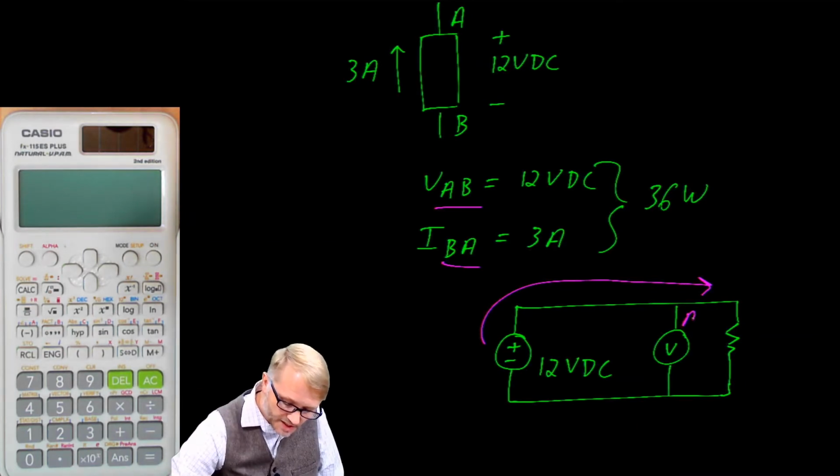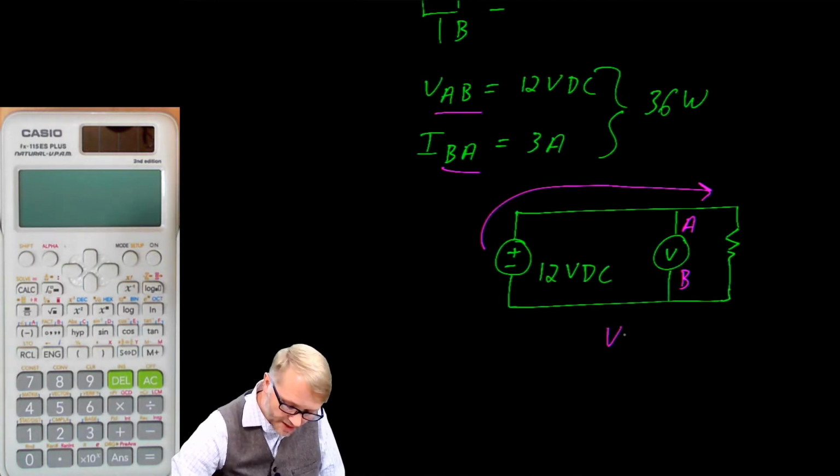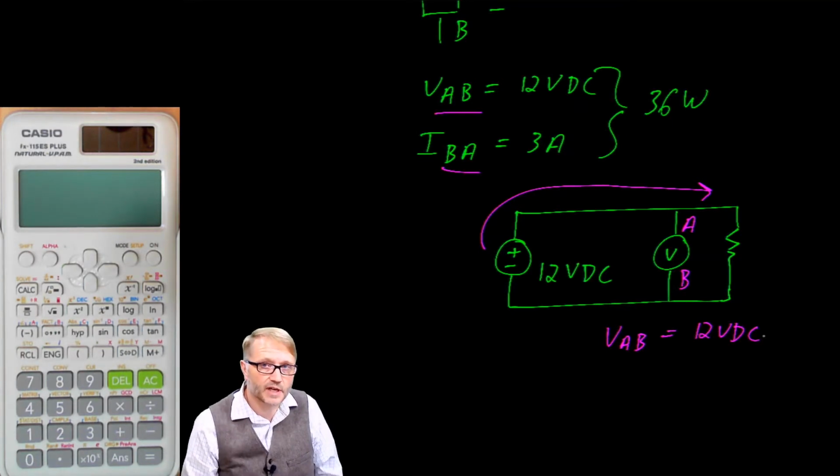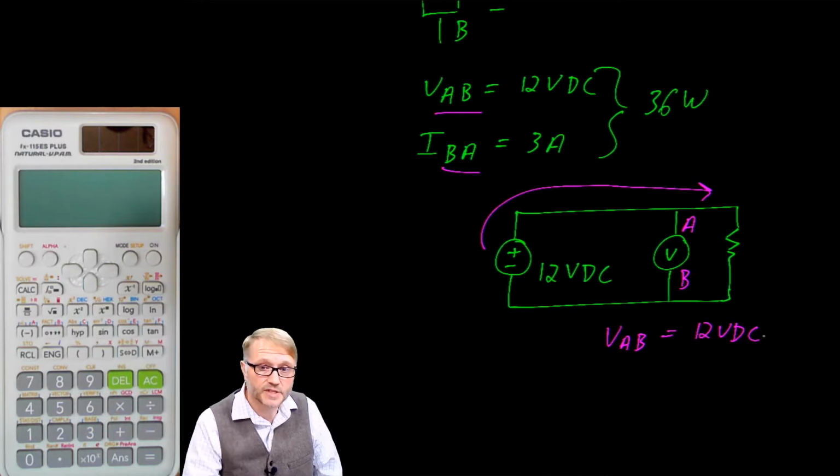You could consider this point A and this point B. So there's a voltage, A to B is 12 volts DC. That's true whether you're talking about the power supply on the right or the resistor on the left. The voltage A with respect to B is 12 volts DC.